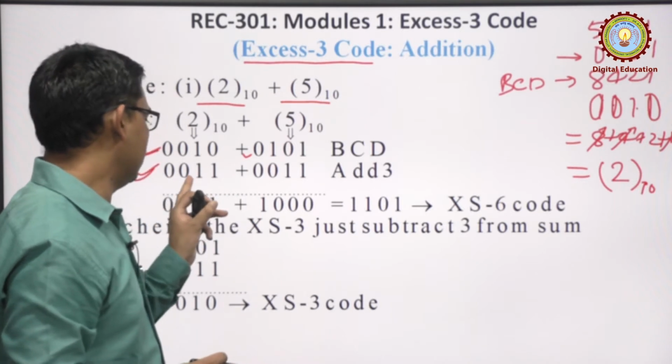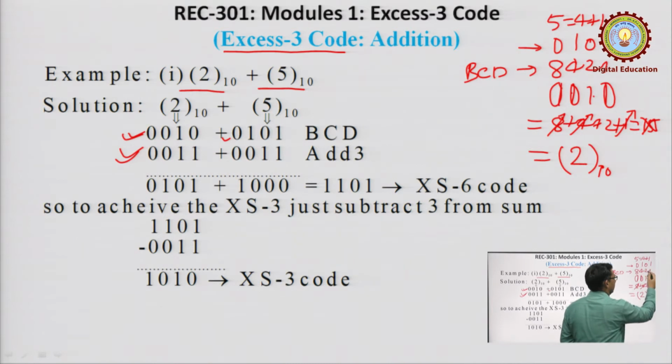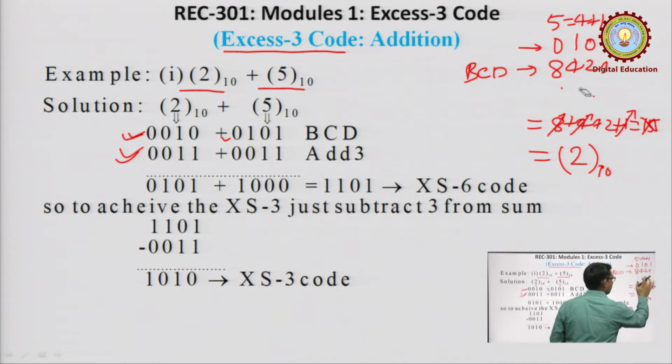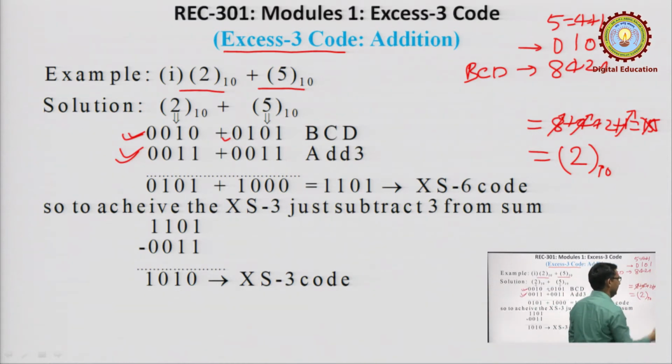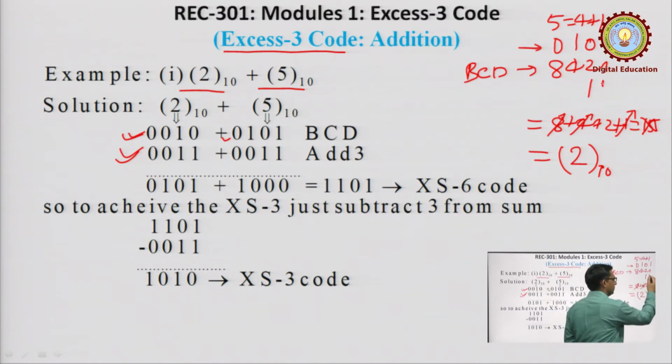The binary equivalent of 3 is 0011, because BCD is an 8421 weighted code, so to represent 3 it means 2 plus 1 and the remaining digits will be low.